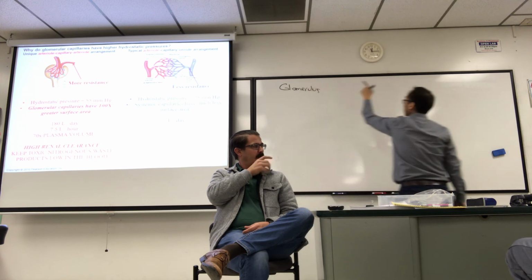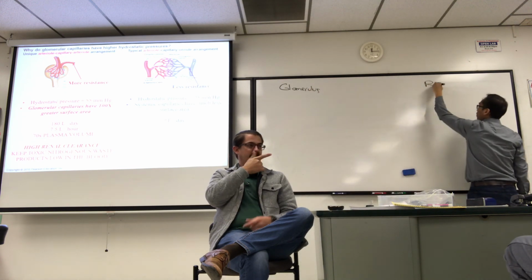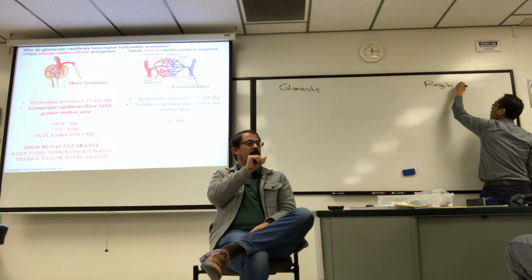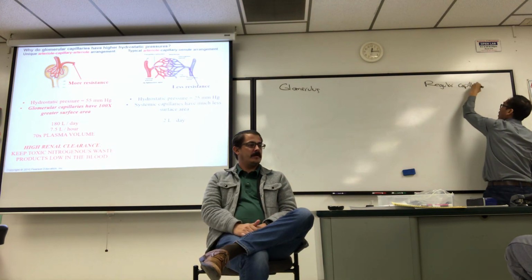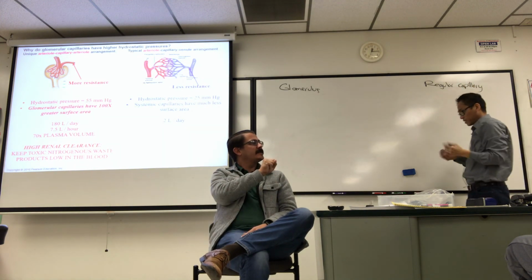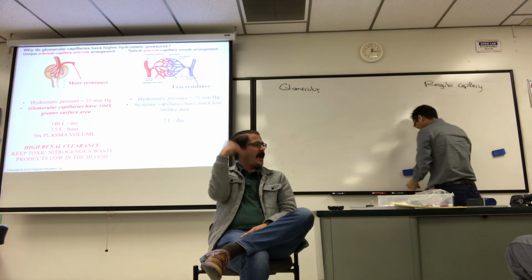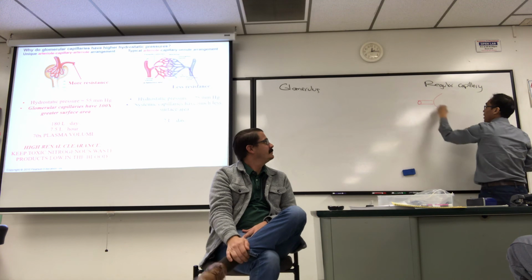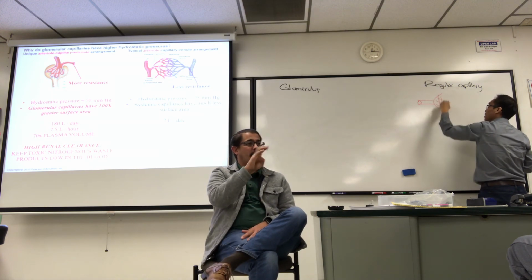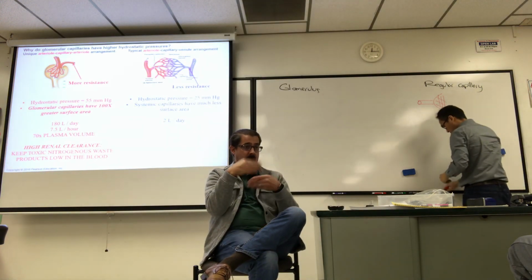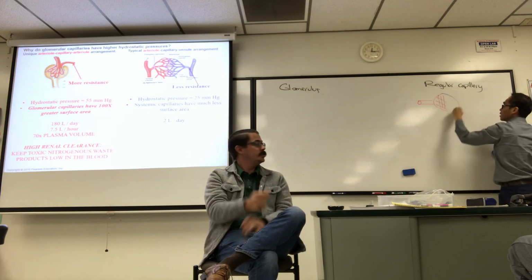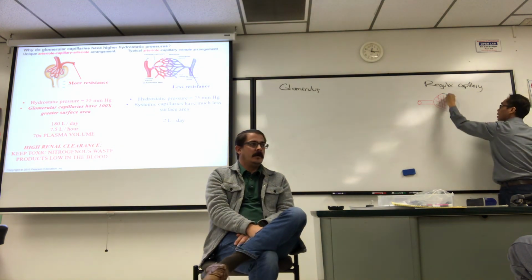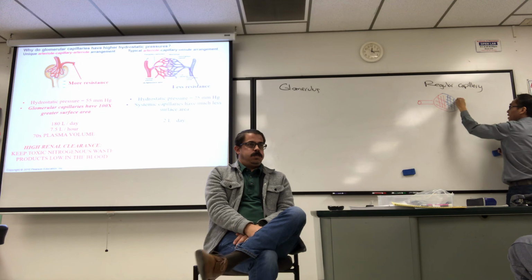Glomerulus, regular capillary. Well, we've been talking about this since the first day of class, where I've drawn an arteriole that feeds a capillary bed where there's gas exchange. So I'll go red to blue. And at the other end is a vein.